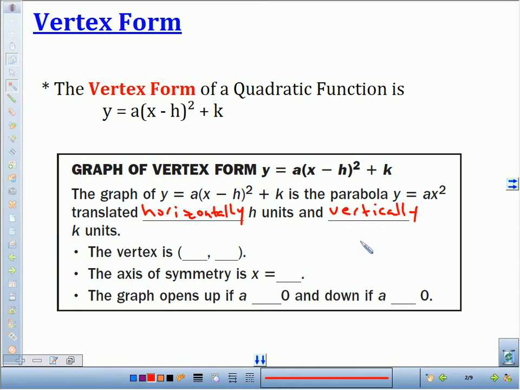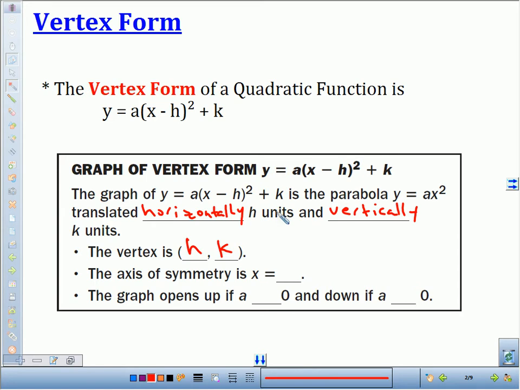H tells us how far to the left and right it went. K tells us how far up and down it goes. The vertex of the parabola is just like the vertex of the absolute value function. It's (h, k). So if we know h and k, we know the vertex. That's what makes the vertex form so useful, because we can immediately see where the vertex of the parabola is.